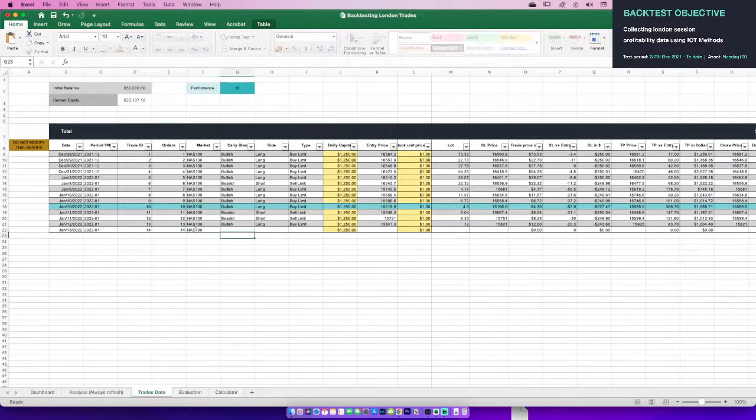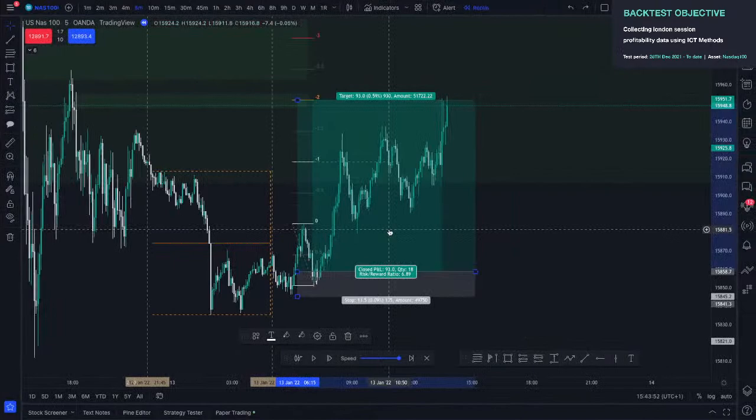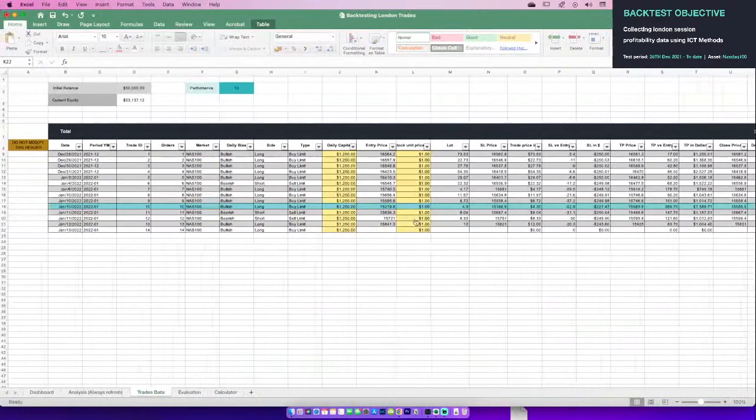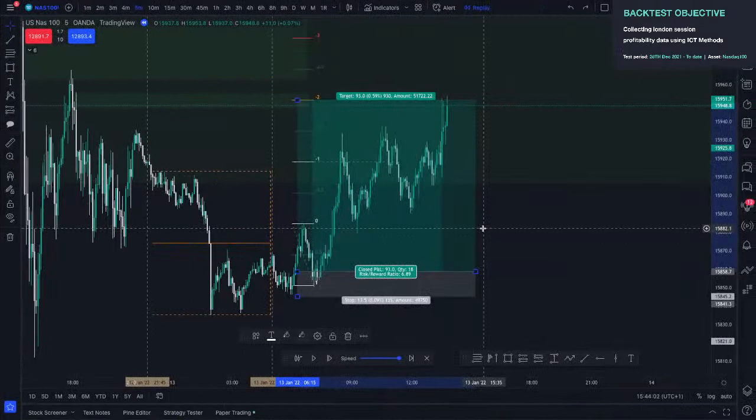Nas 100. We are bullish. Took a long. It was a buy limit. And the entry was 15,858.7. Stop loss was.